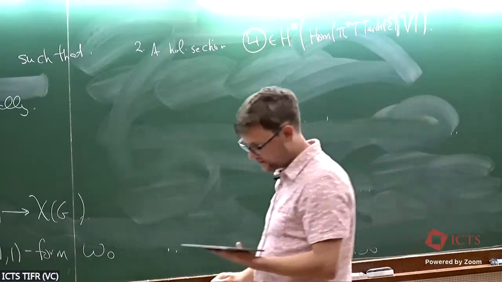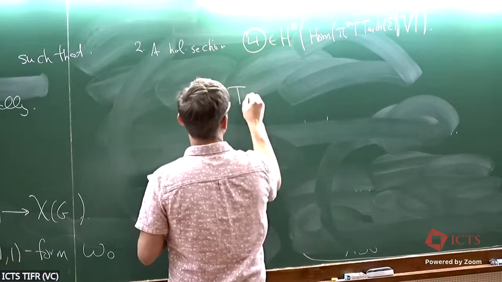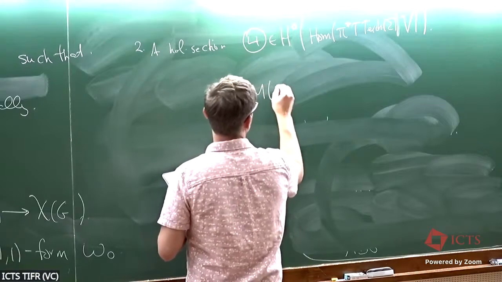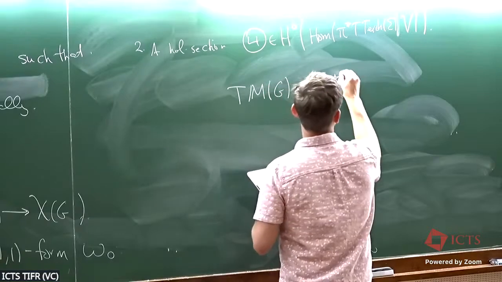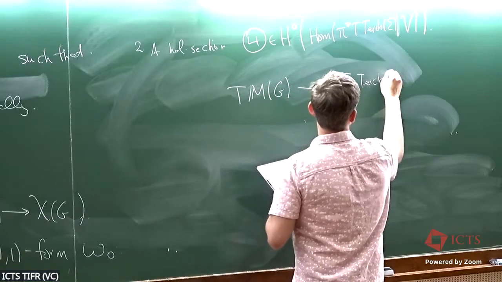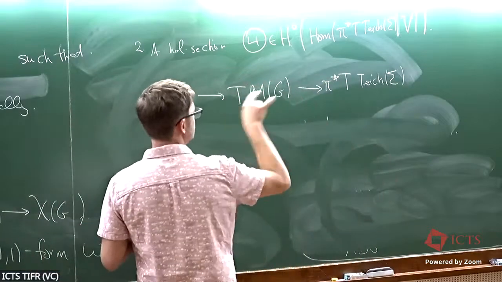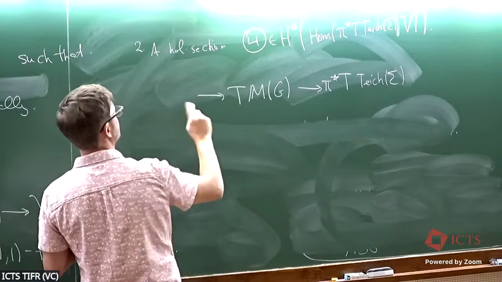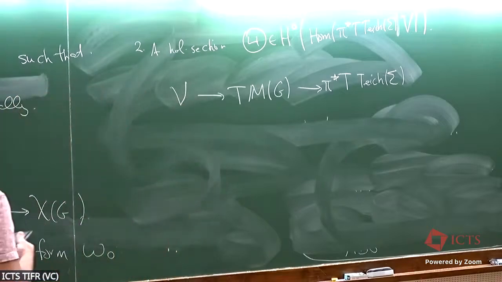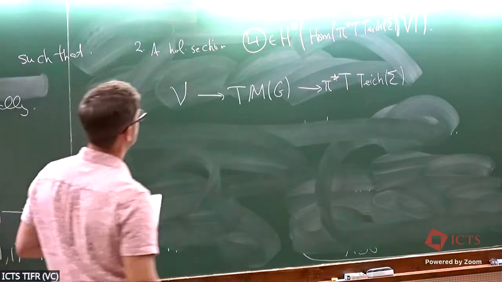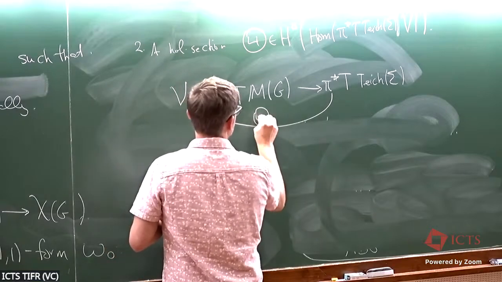So the tangent bundle of my big space maps to the pullback of the tangent bundle of the base. And the fiber is the kernel of the derivative of the projection map, the vertical direction. I'll call it V. Those are the tangent directions to the moduli space of a fixed Riemann surface. And so Theta at every point is a map like this.